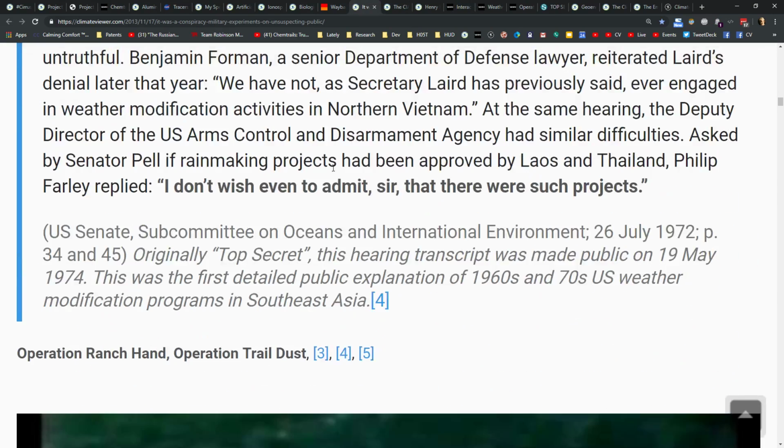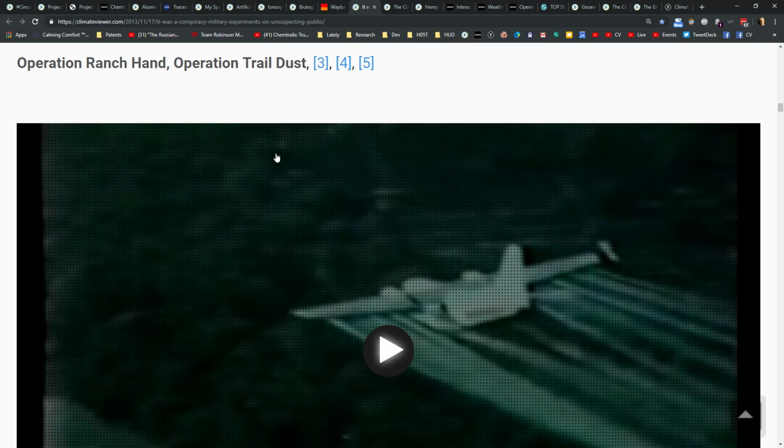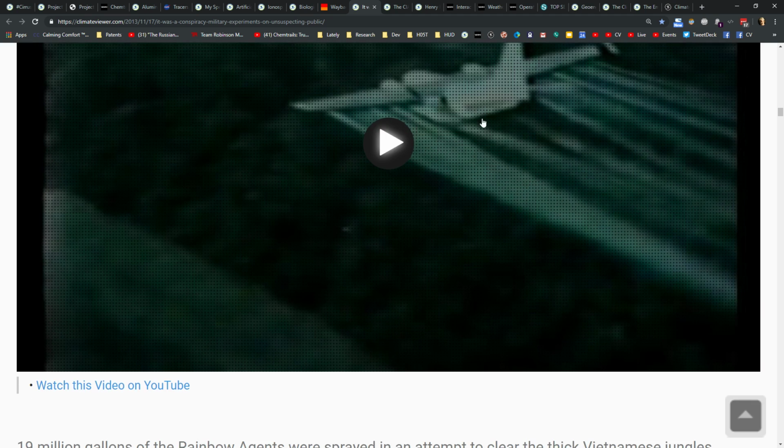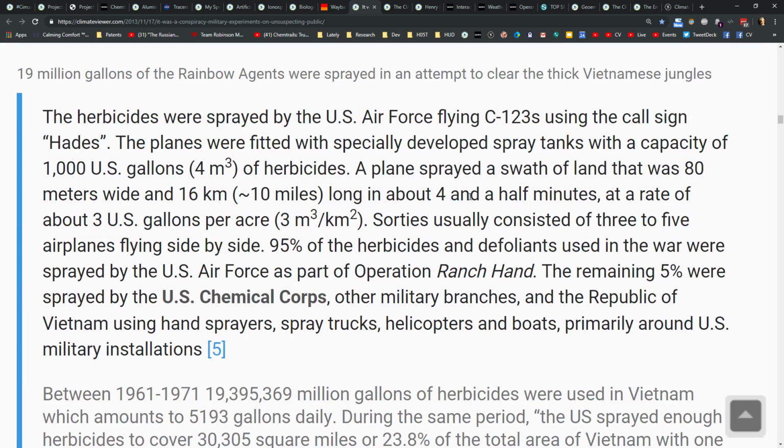All right. So let's go back to the chemical idea of Agent Orange, Operation Ranch Hand, or Operation Trail Dust. That's where they were actually doing the spraying to get rid of all the trees and the plants and everything, defoliate the ground.